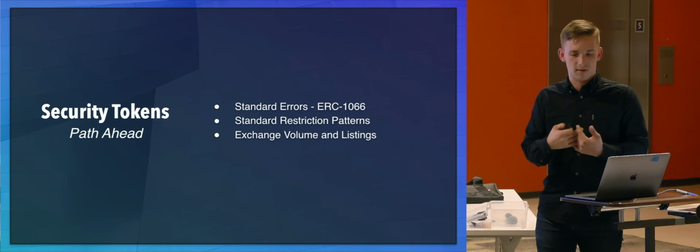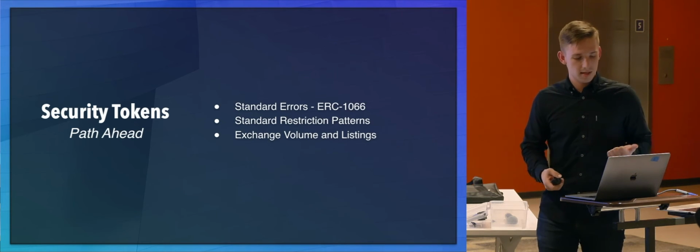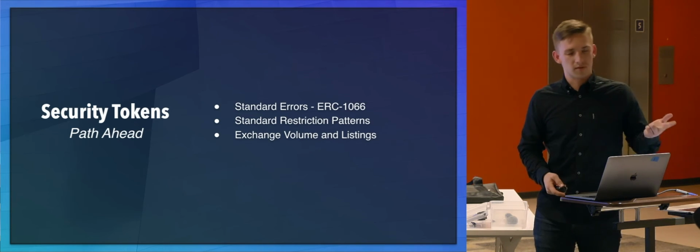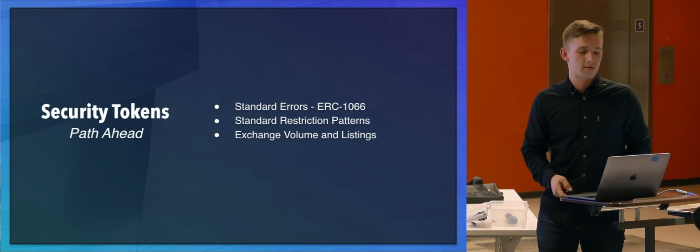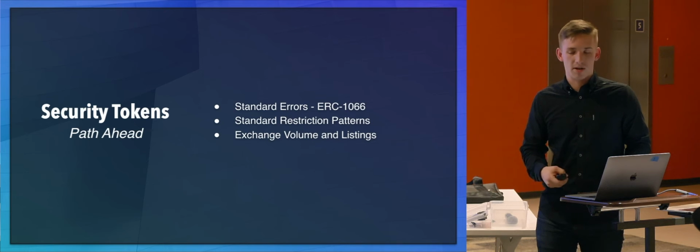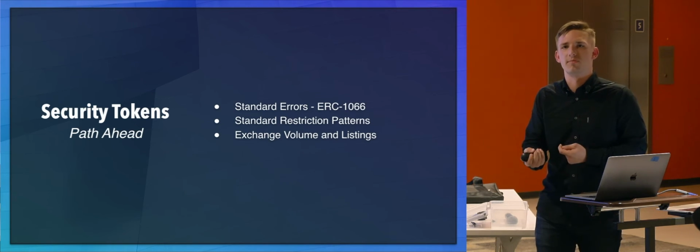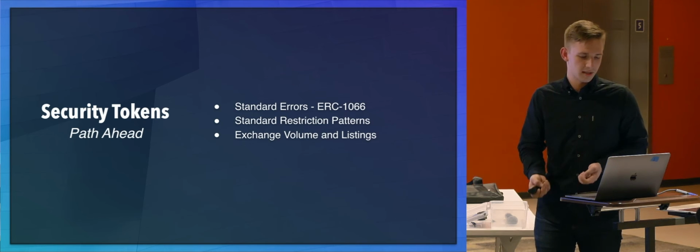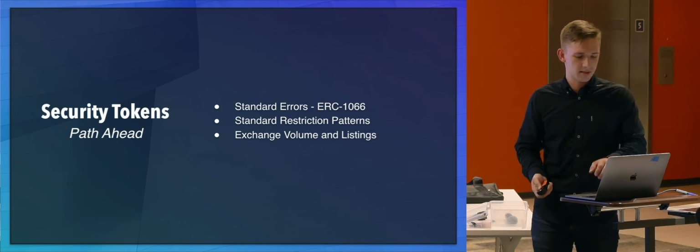And in 1411, they have error codes for lockup periods, for an insufficient balance, for sender whitelisting, for receiver whitelisting, for identity restriction, for token restriction, and also token granularity, which is like if you don't want people to be able to send a fraction of a token. And I think that covers most of the basic restriction patterns.